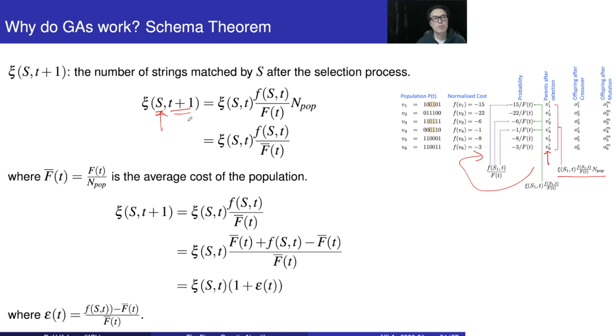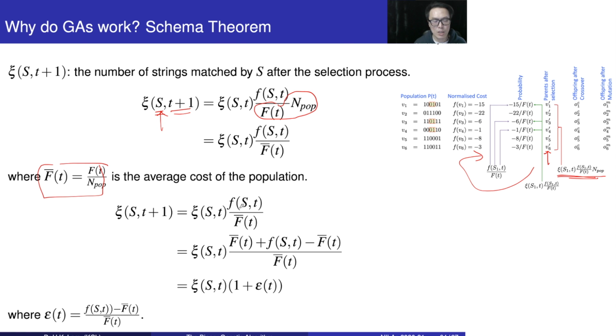So the number of strings is governed by this equation. Now what I'm going to do is just consider this n pop and f, and write it as f bar t. The meaning is the average cost of the population, because that capital letter F is the total cost divided by the population size, and then it becomes the average cost of the population.